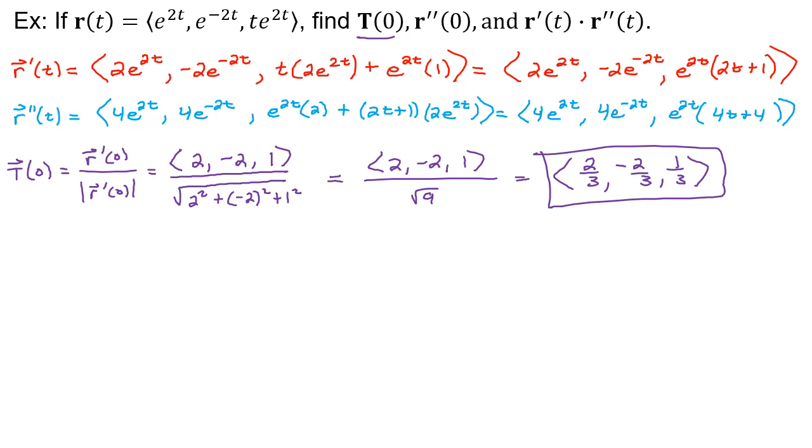They also ask you to come up with what is the r double prime at 0. So that's pretty easy. Just plug in 0 for all of the parts on the second derivative.